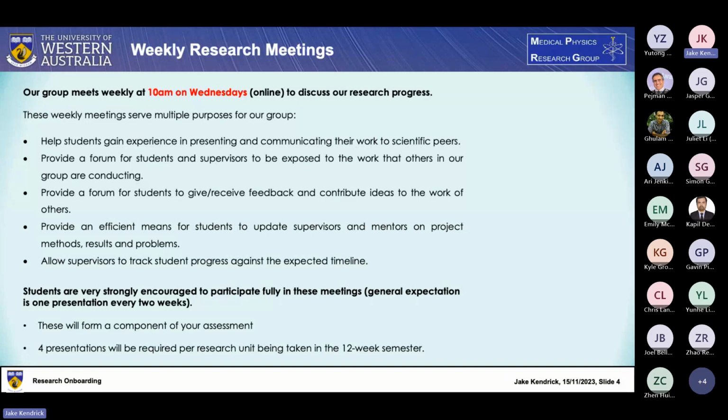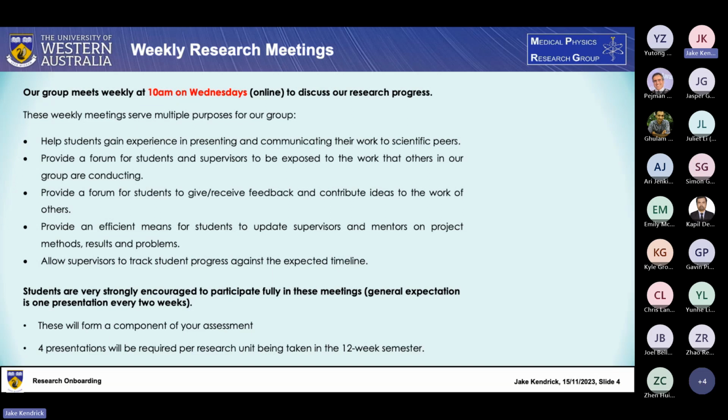Firstly, they help students gain experience in presenting and communicating their work to their scientific peers. This is a very, very important skill to have, and it's one that is comprehensively developed during your postgraduate studies by attending these meetings. Secondly, it provides a forum for students and supervisors to be exposed to the work that others in our group are conducting.